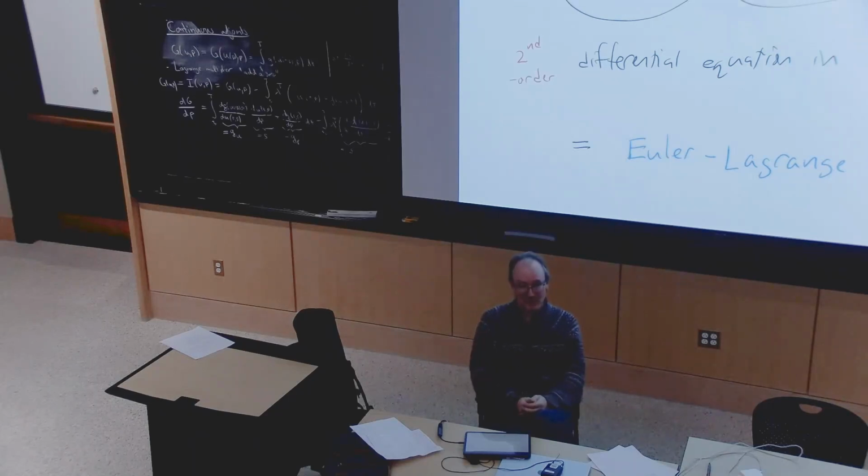It turns out the minimum-time curve is called a cycloid. It's the curve that you get if you have a wheel rolling and you attach a pen to one spot on the wheel, and as it rolls, you mark out the curve that the wheel traces out. That's the shape that you get.